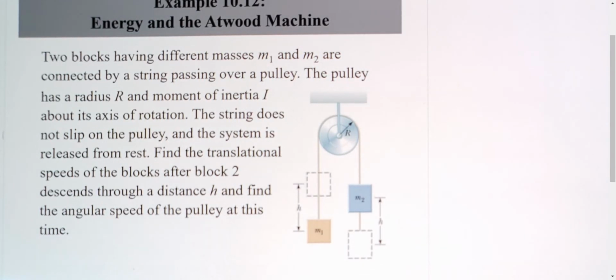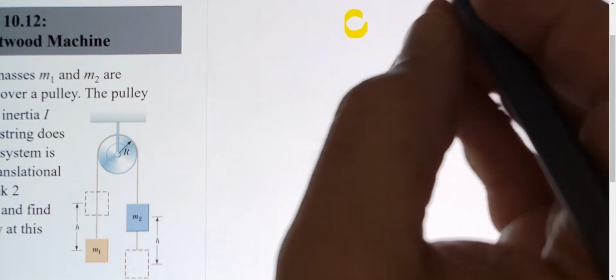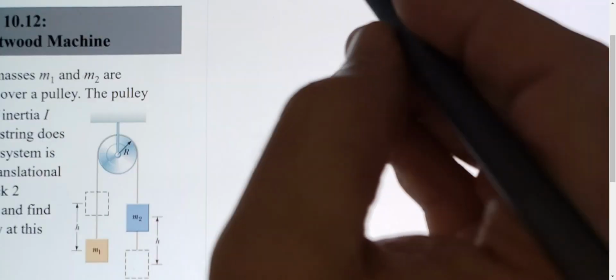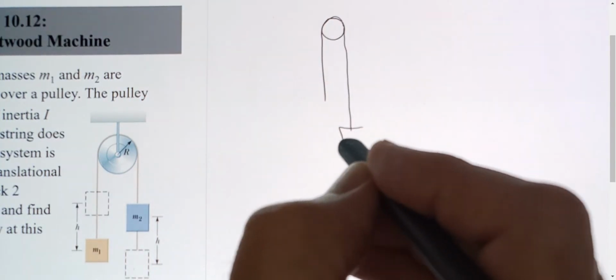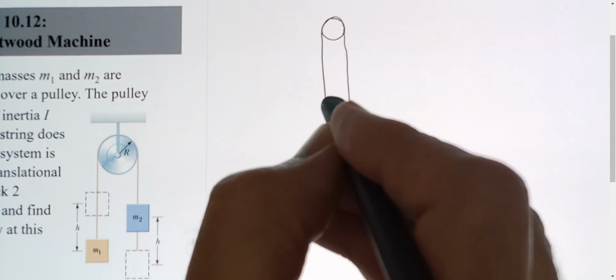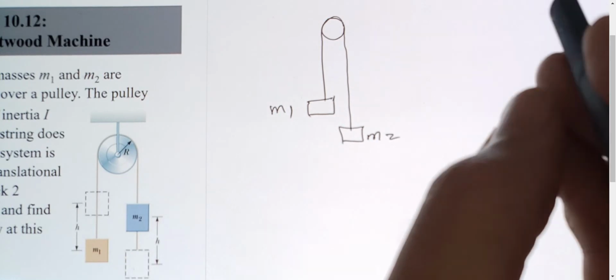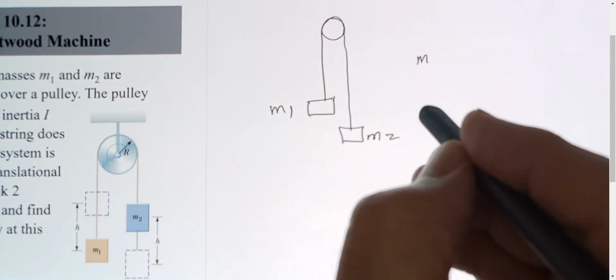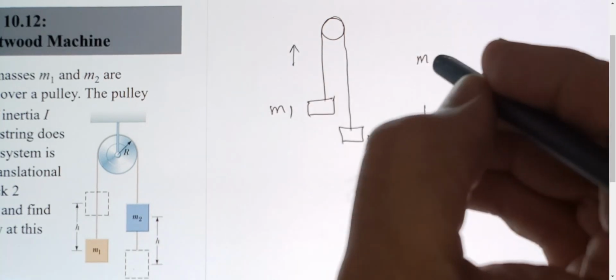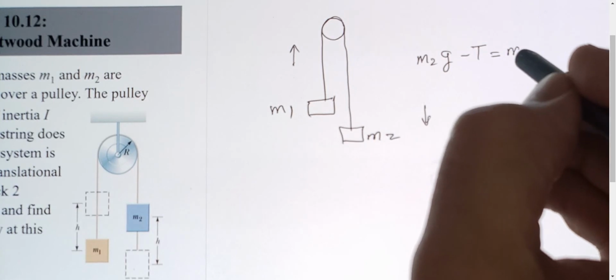Previously, how did we solve this kind of problem? We said, okay, massless pulley. Remember? Massless pulley. And we have M2. We have M1. And we said, let's write the two equations. Suppose M2 is going down and this is going up. We said M2G minus T is equal M2A.